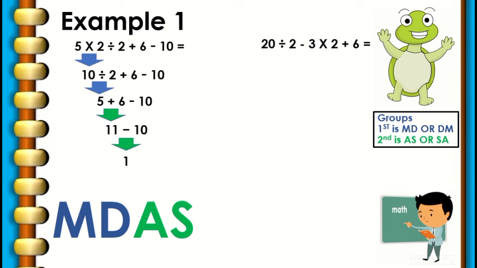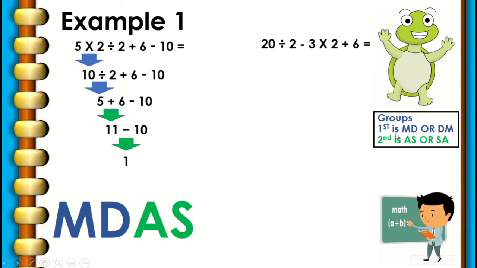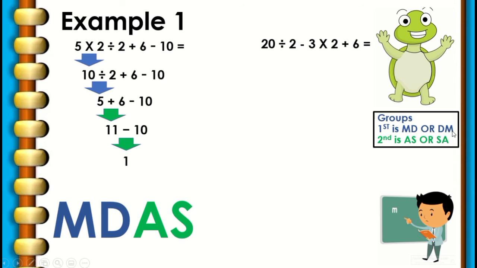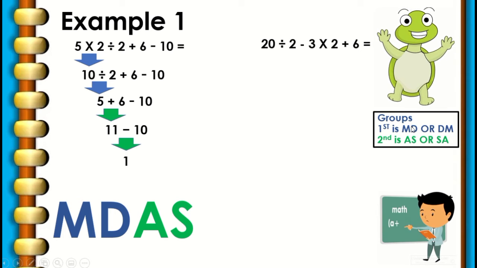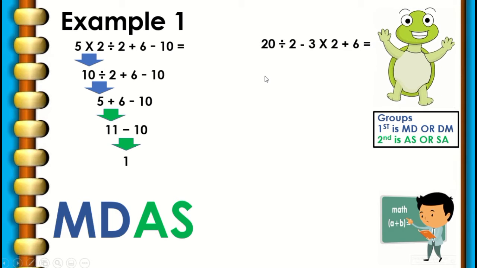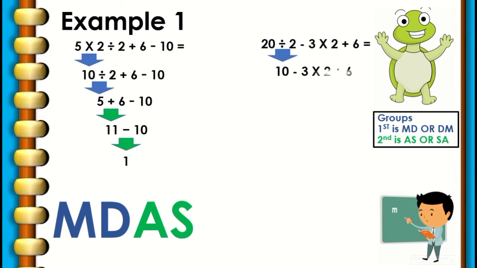So, let's have another example. 20 divided by 2 minus 3 times 2 plus 6. Again, look at the first group. Itong kulay blue. Kailangan muna nating tapusin yung multiplication or division. Kahit alin na mauna. Whichever comes first. Ang nag-appear na una ay we have division. So, proceed tayo sa division. 20 divided by 2, that is 10.